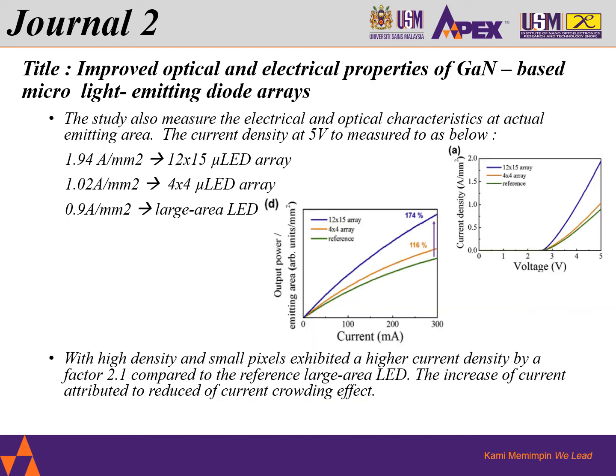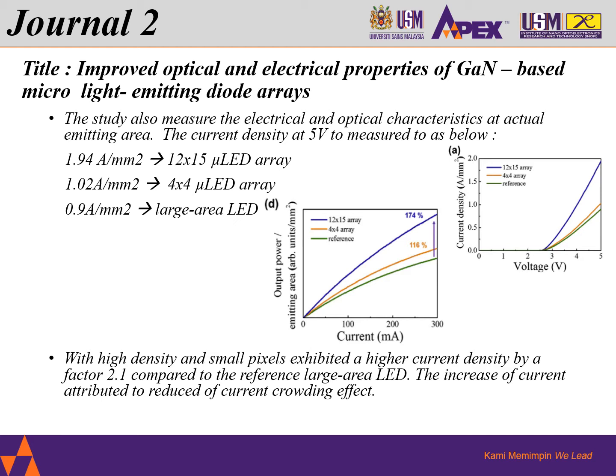In this study also, we can measure the electrical and optical characteristics at the actual emitting area. The current density at 5 volt is measured as below. For the 12 times 15 micro array, the measured current will be 1.94 ampere per millimeter square, the 4 times 4 micro array will be 1.02 ampere per millimeter square, and the larger area will be 0.9 ampere per millimeter square.